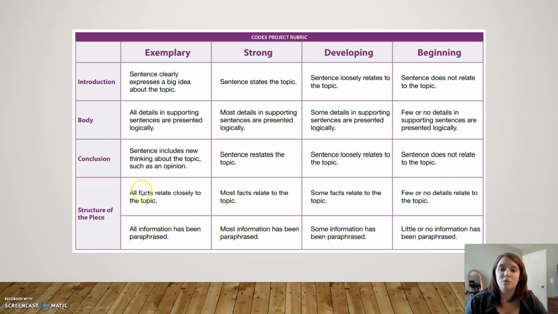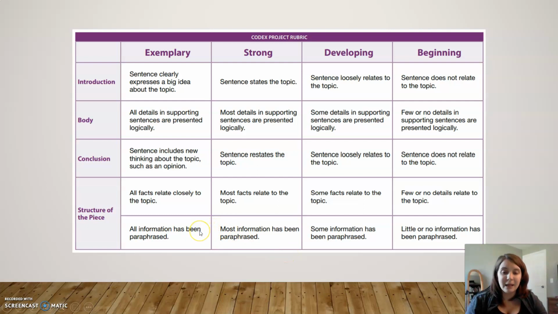Structure. So the structure has two components to it. All facts relate closely to the topic. That means you're not going off into la-la land about something that doesn't make sense about the topic. It means you're really focusing on what you chose. And also, all the information has been paraphrased. We've been spending time talking about what it means to paraphrase, not copy directly from the text.